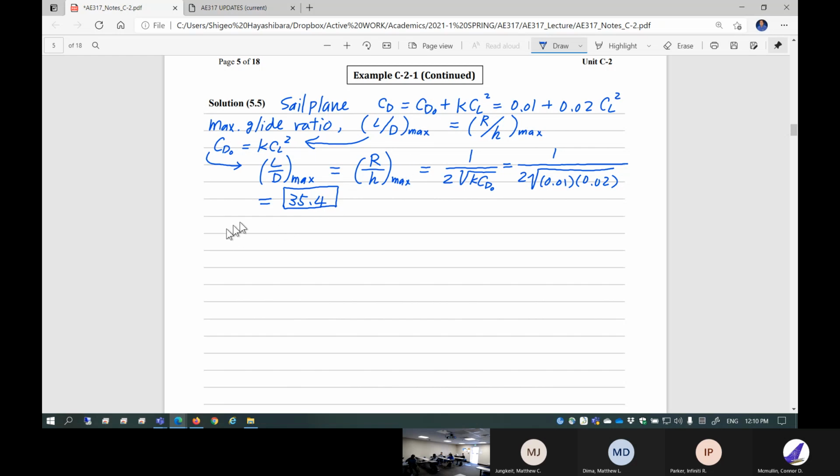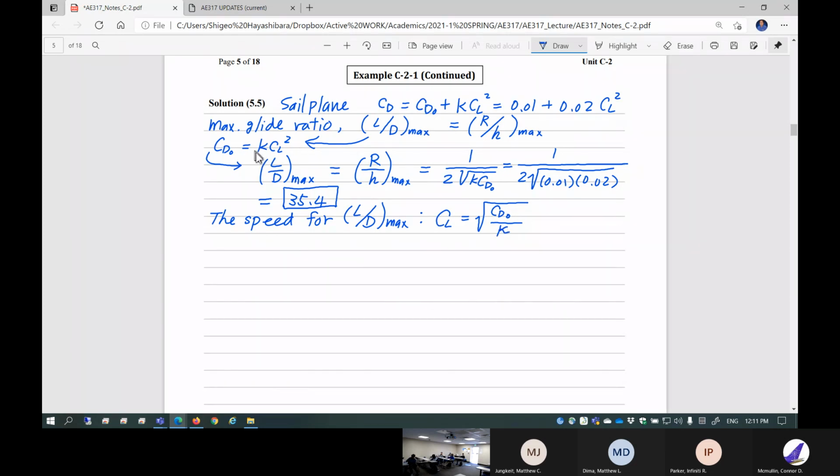Okay. So at what airspeed is this going to happen? The speed for L over D max. How can we get the speed for L over D max? First of all, let's find out the corresponding CL for that. So CL for this condition, CD0 equal to K CL squared, is CD0 divided by K, the square root of it.